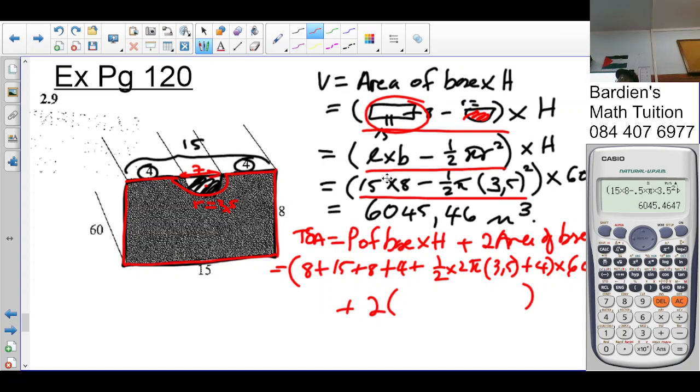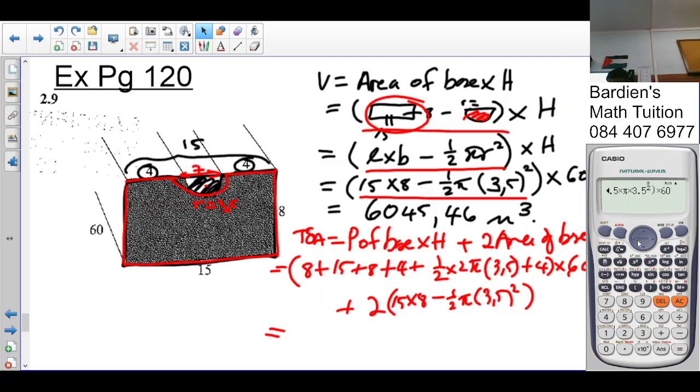Do I have to rewrite all of those things again? No. I have it already. So it's 15 times 8 minus a half pi 3.5 squared. Okay. So this part here, I'm going to replace that with 2 times.